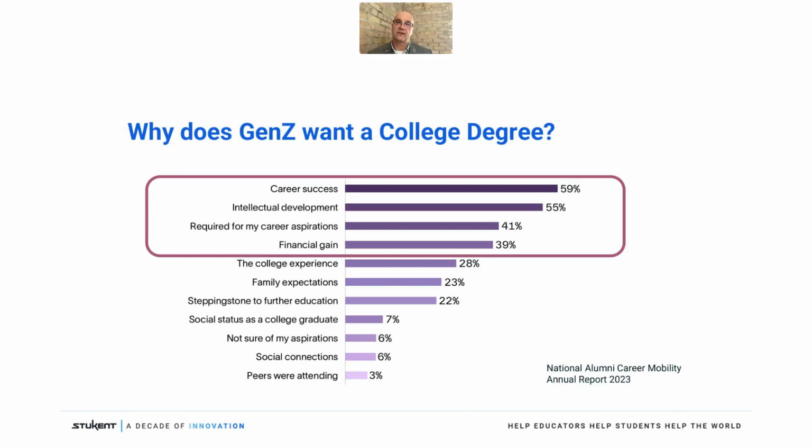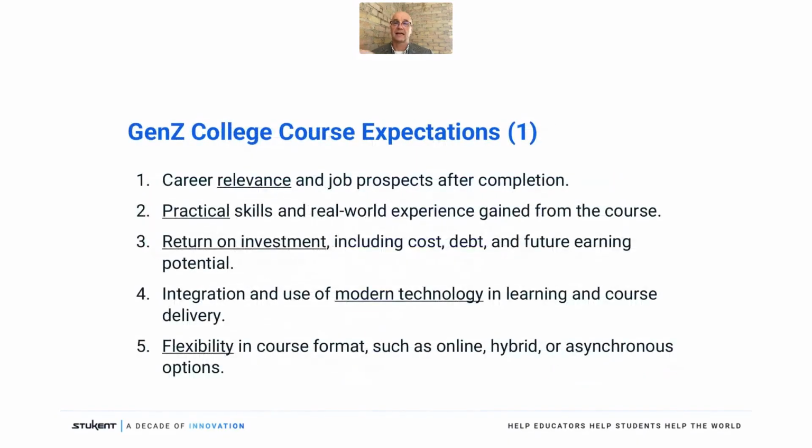Now, how does that translate into their specific requirements? What do they specifically expect in a class, right? Again, career relevance, right? Relevance is the number one thing, right? Why do I have to know this? Why do I have to learn this? In our university, we even see it in the math classes where questions are being asked, why do I need to know this?